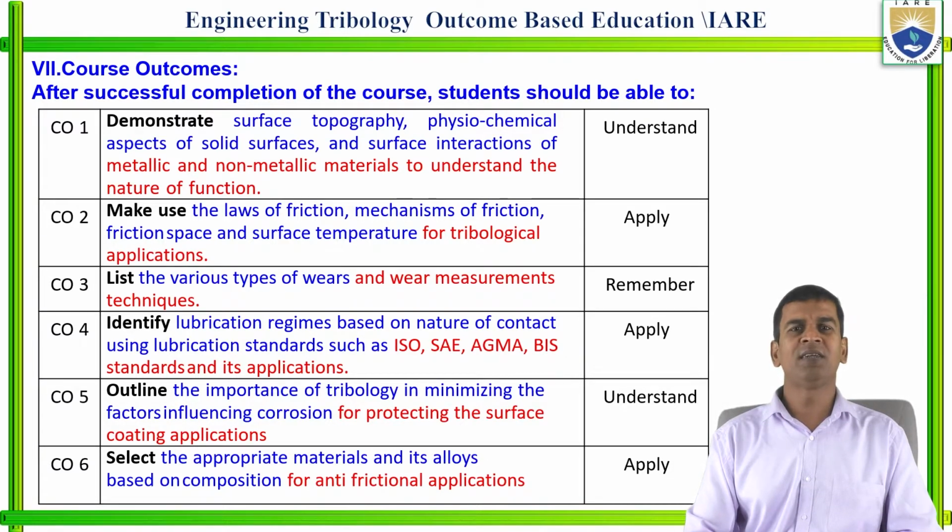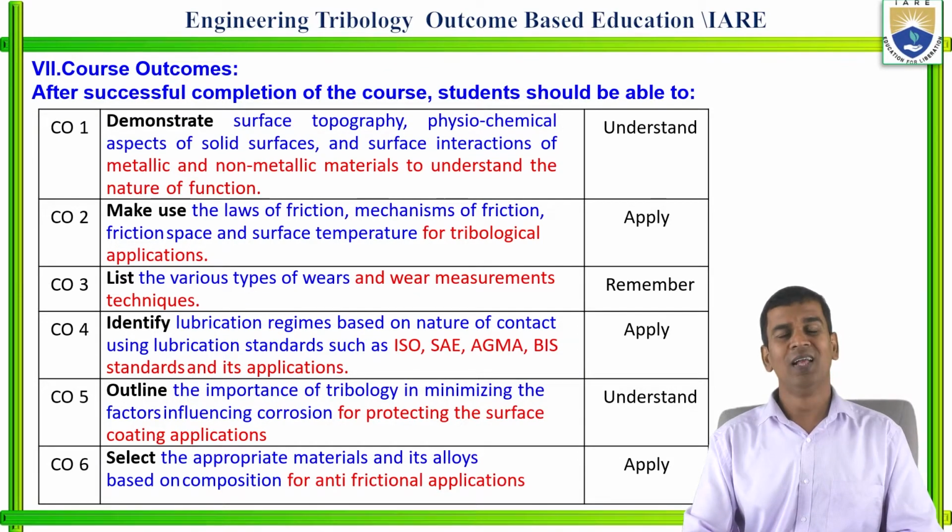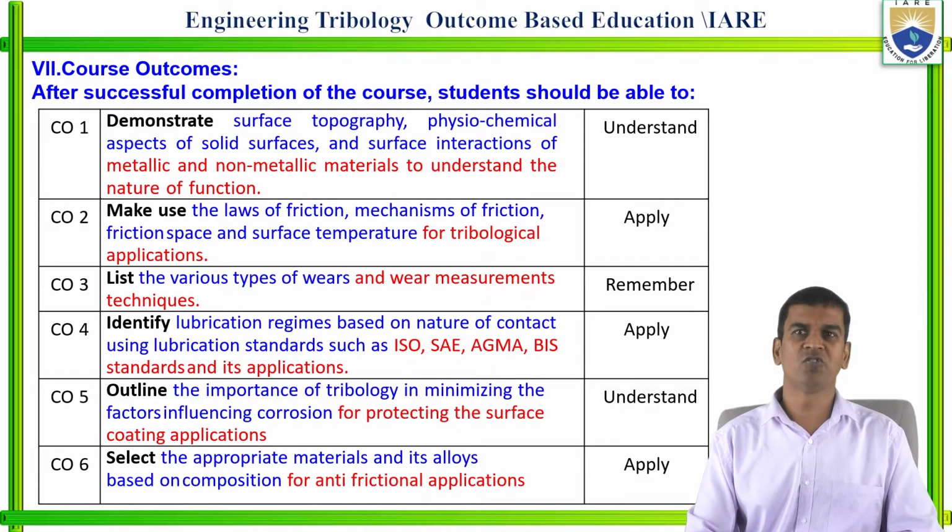For every regime, there are international rules followed by the lubrication industries. Lubrication standards are classified as ISO, International Standards Organization, SAE, the Society of Automotive Engineers, AGMA, the American Gear Manufacturers Association, and BIS, the Bureau of Indian Standards.